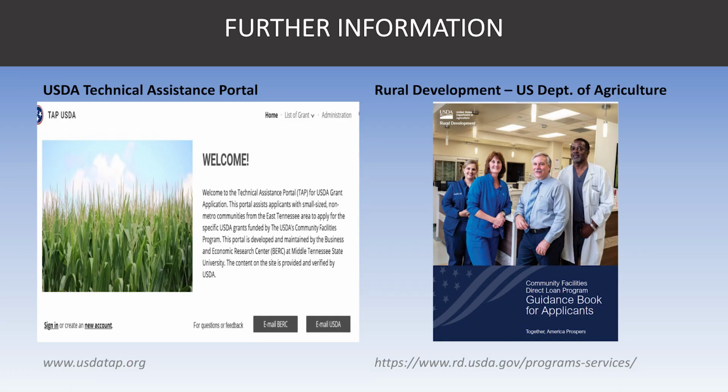And then really importantly, I think this further information is hugely important. The portal that we've created has materials designed to help you. These videos can be watched and rewatched, and you can pick out the parts of them that you need to hear most and then rehear. There's also the guidance book for applicants that the USDA office has produced, and that was really important for me in helping prepare this talk.